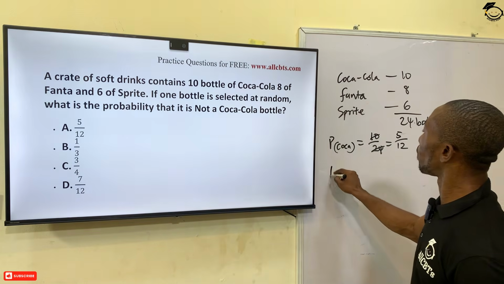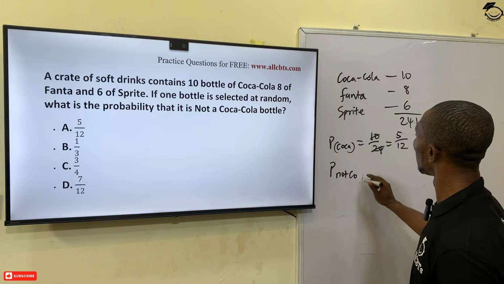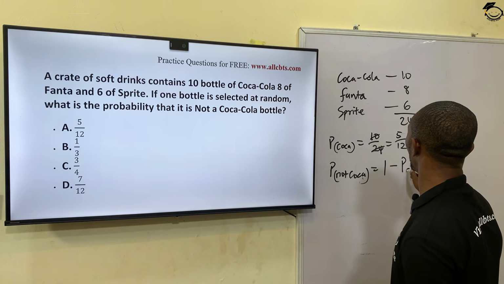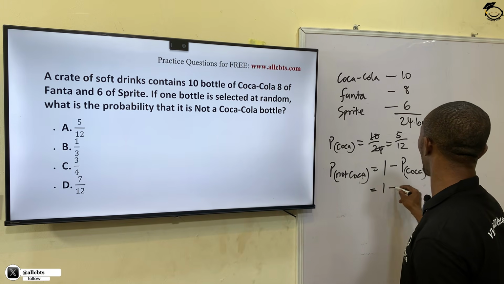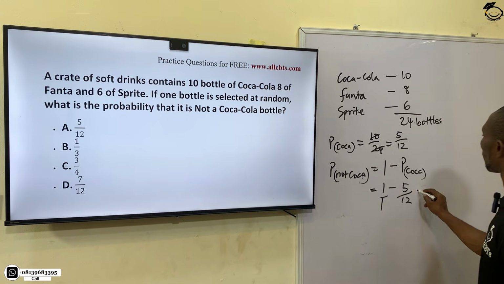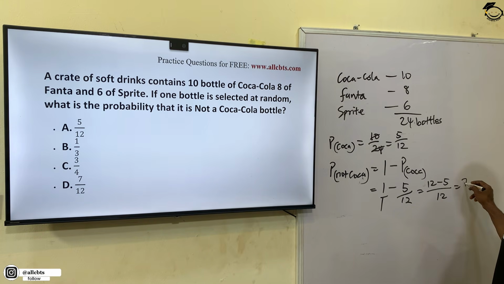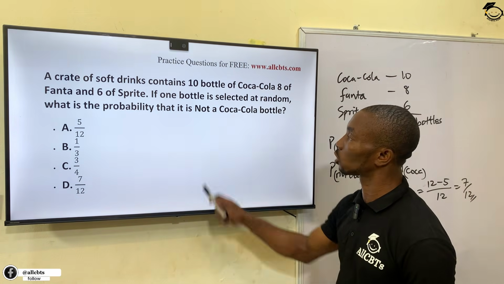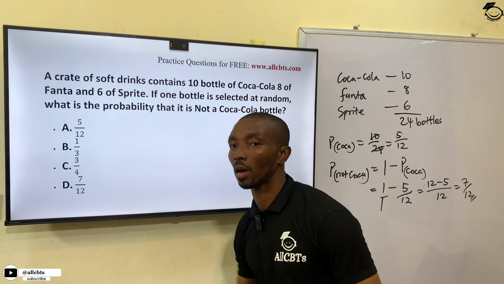So the probability of not Coca-Cola would be 1 minus probability of Coke. So this would be 1 minus 5 over 12. Now finding that LCM here will be 12. This will be 12 minus 5, which gives us 7 over 12. So the probability that it is not a Coca-Cola bottle that will be picked will be 7 over 12.